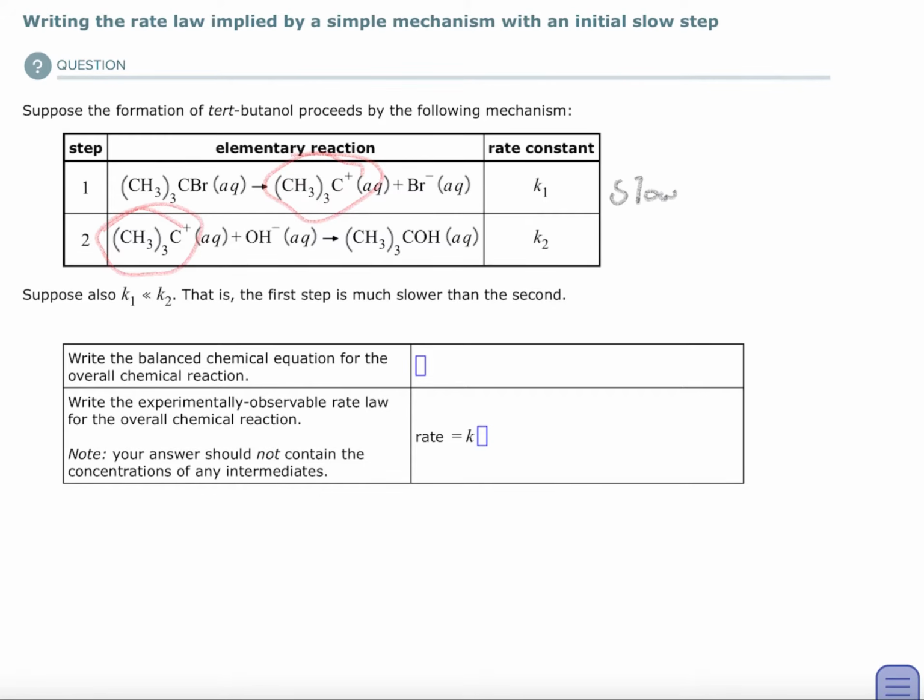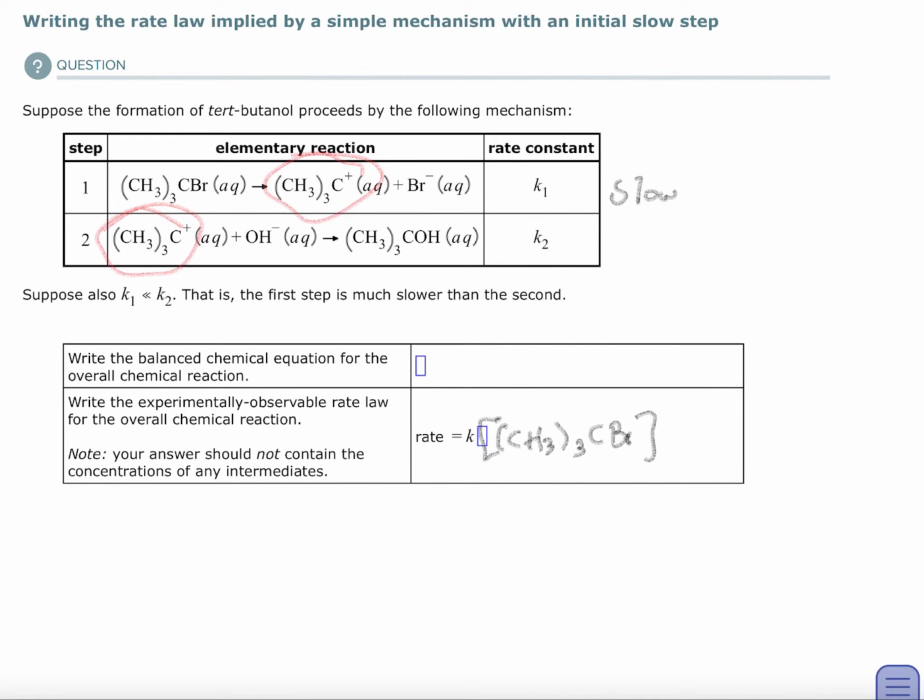So the rate is going to be the rate constant k times [(CH3)3CBr], and that is all that it is. That's simply the breakdown of that initial reactant is going to be the rate of the entire thing, since your first step is your slow step.